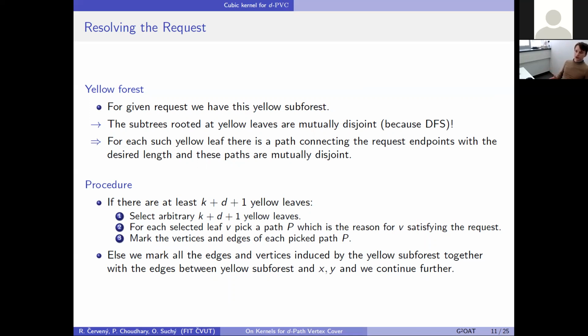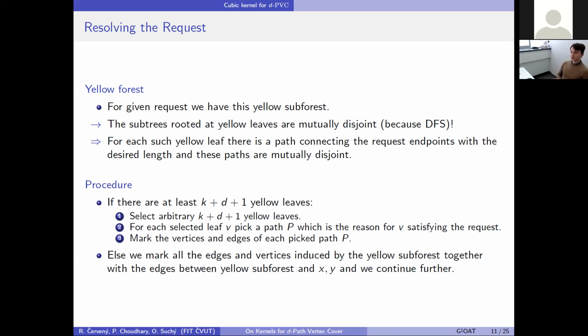And that's just the nature of DFS. So that means that for each such yellow leaf, we have a path of the desired length that connects the endpoints of the request. With this in mind, we can look at the following procedure.